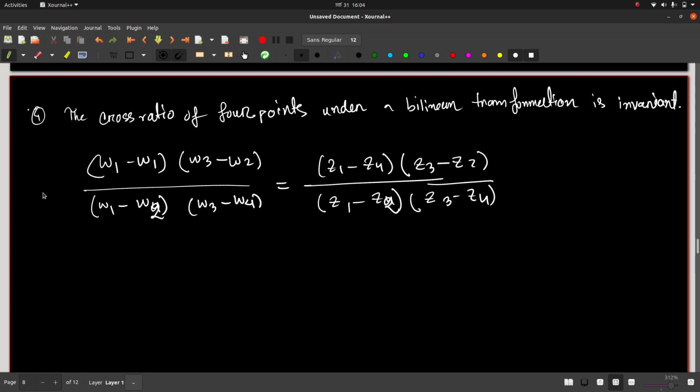and this can be proved by, so this is a sketch of the proof.